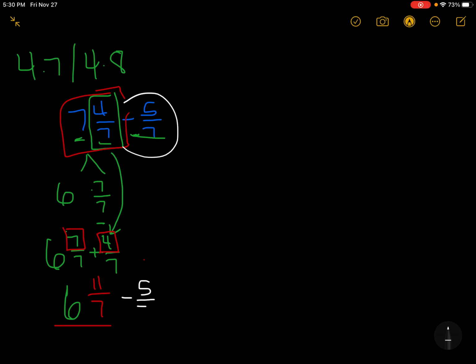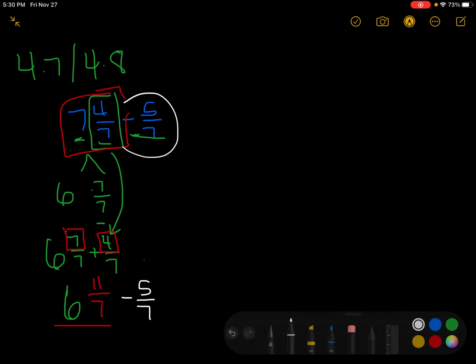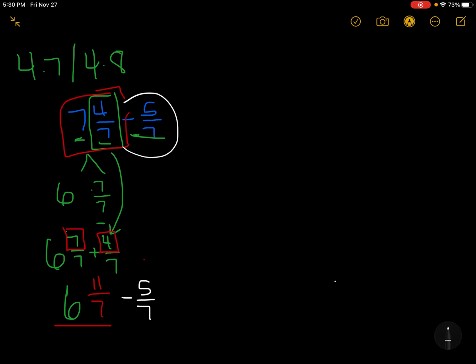So here we go again. I can subtract my whole numbers first. 6 minus nothing is 6. And then I can move on to my fractional pieces. 11 minus 5 is 6 over 7. This would be the next method that we could use.